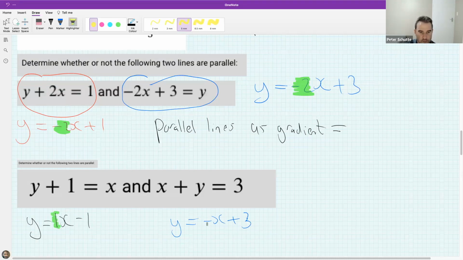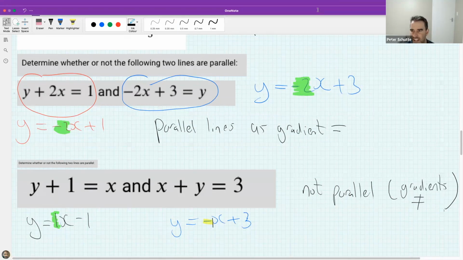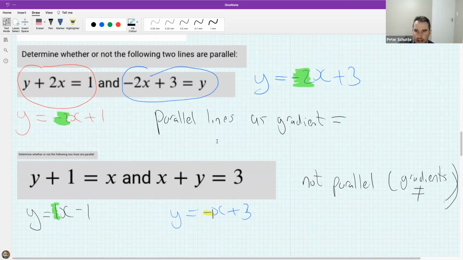The gradient for the yellow one is -1. And because the gradients are not the same, they are not parallel. And you could just say gradients not equal. Okay, so this is quite a nice, easy thing to do and apply.